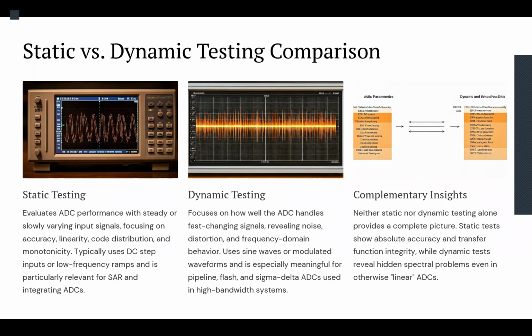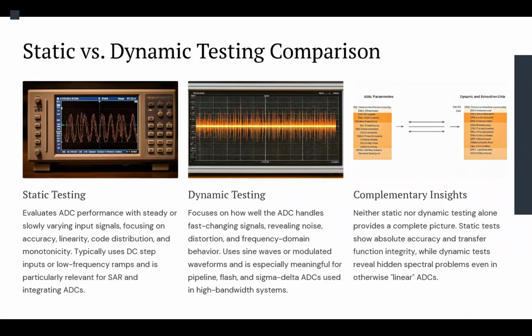Neither is sufficient on its own, so both are complementary. Static testing, as we said, tests the ADC's behavior when the input signal is steady or changes very slowly, like a DC ramp, DC steps or a low frequency waveform. This type of testing focuses on accuracy and linearity.